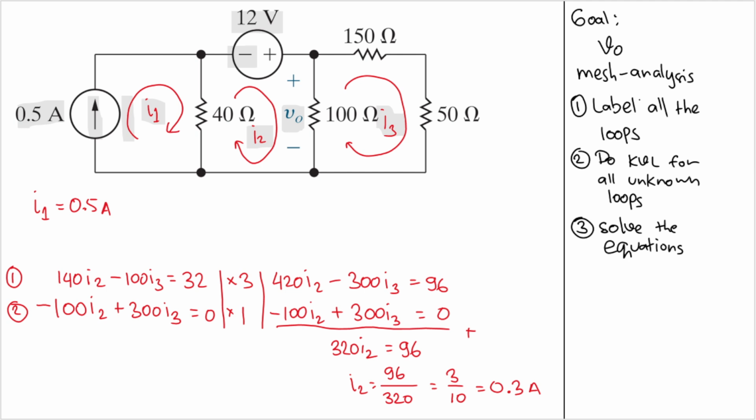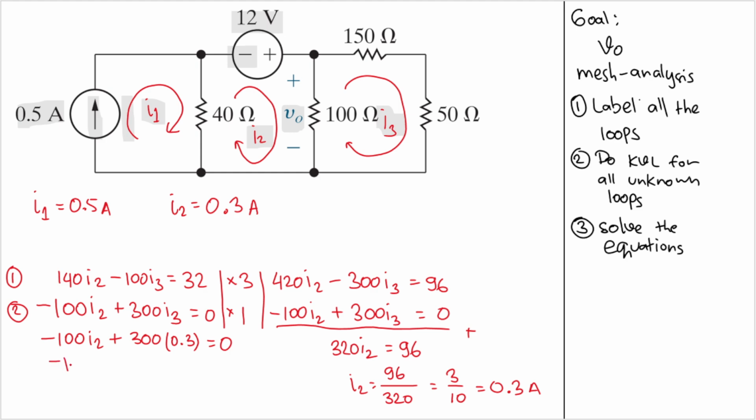Okay. But then that is I2 here. So let's have I2 here. I2 is equal to 0.3 ampere. But then we need to find out what is I3, right? Let's plug this into this, right? So I will have minus 100 I2 plus 300 multiplied by 0.3. And that will equal to 0.